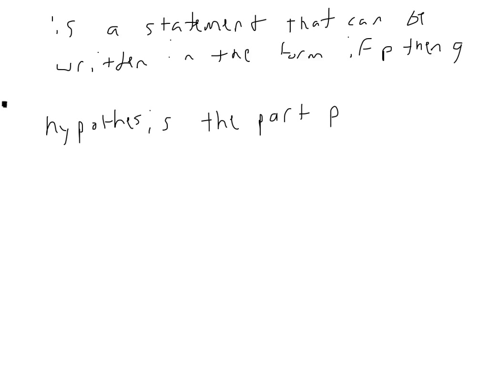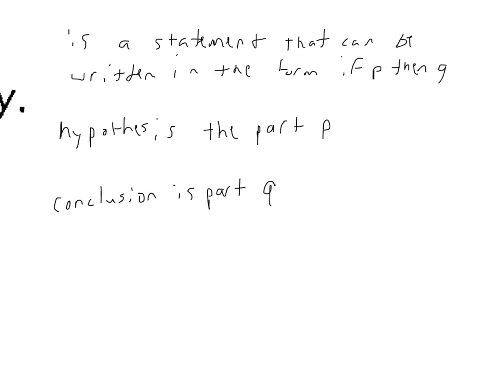So P is the hypothesis. The conclusion is part Q. The conclusion is part Q of a conditional statement following the word then. All right, so let's go ahead and get started.